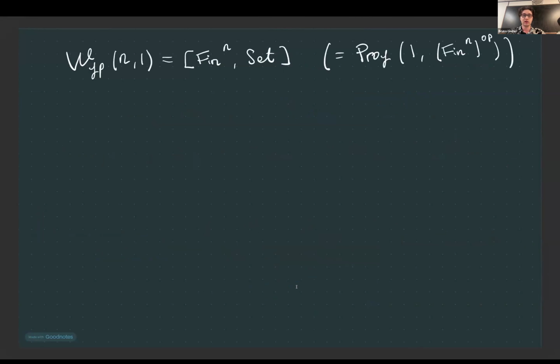Okay, we baked in one of the requirements I said for this being a reasonable guess, and now I want to check that the other one works as well. If you give me a weight, so a functor from n into finite sets, I ought to be able to get, like I said, a one-cell in WFP from n to 1.